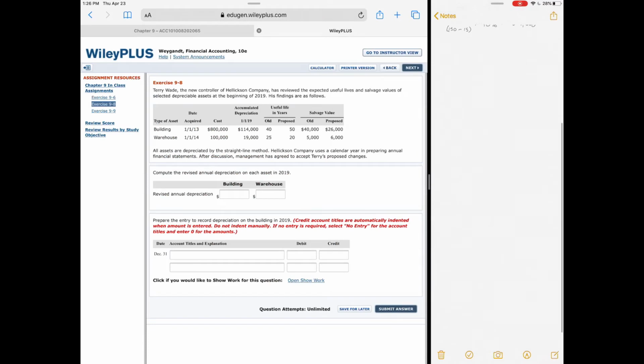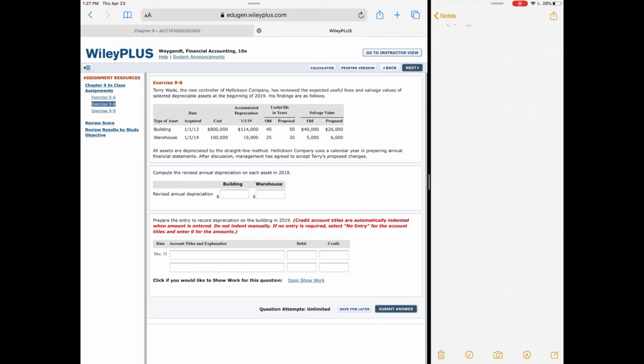So hopefully that gives you an example of each of these depreciation methods. Okay, let me walk you through now 9-8, which goes through the revised depreciation. I need you to remember that depreciation expense is just an estimate, and sometimes things change, and therefore we have to adjust our depreciation.